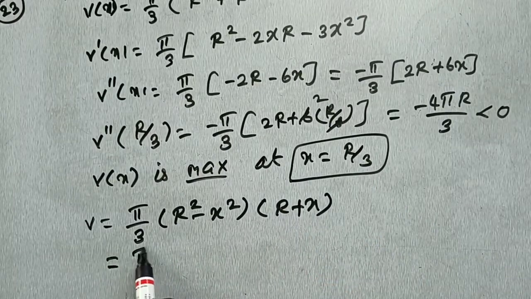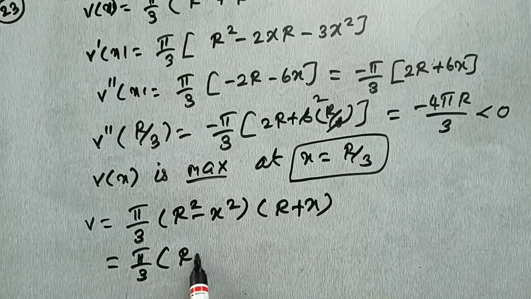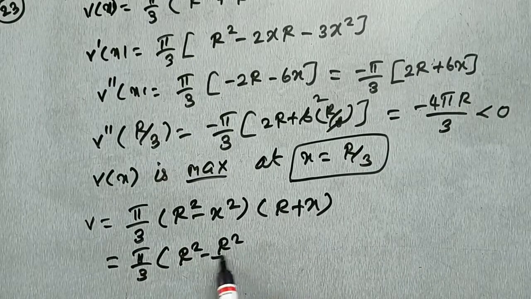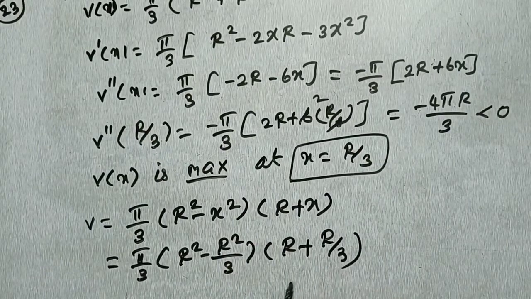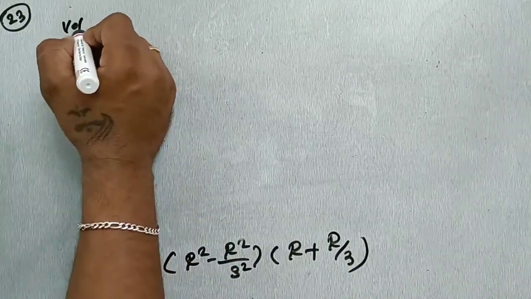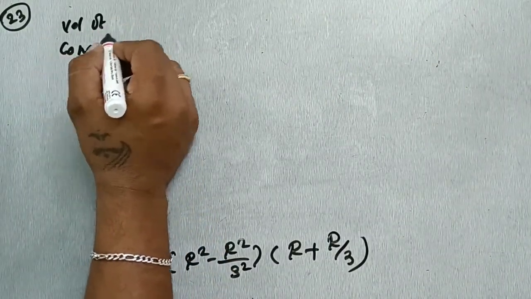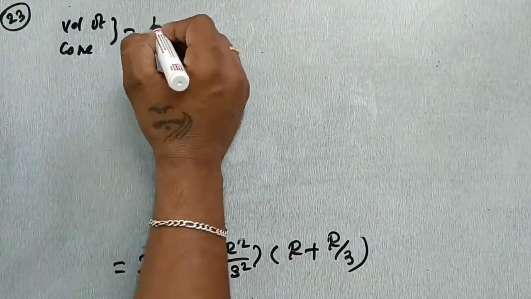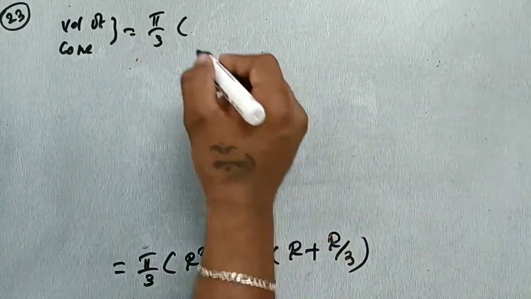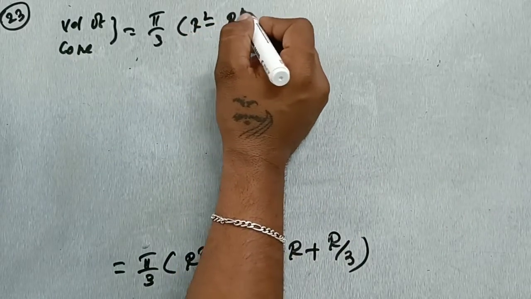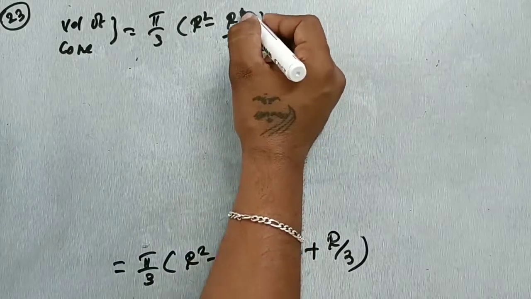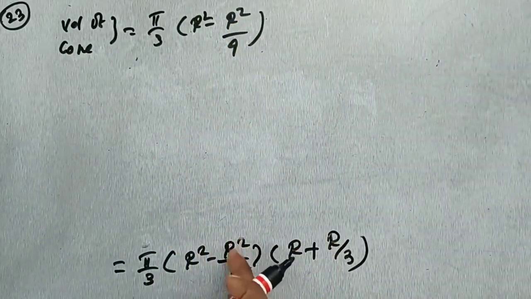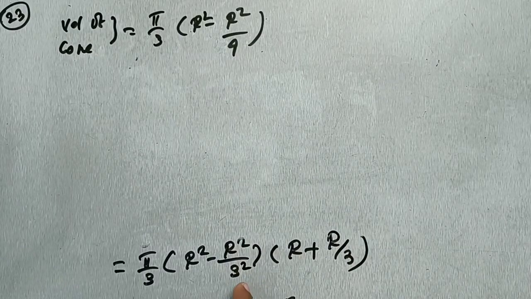So substituting, we will get pi by 3 into r square minus capital R square by 3, and here also r plus r by 3. We will simplify this. Volume of cone equals pi by 3 into r square minus r square by 9 will come, because x square means r by 3 whole square, that is r square by 3 square, that is 9.